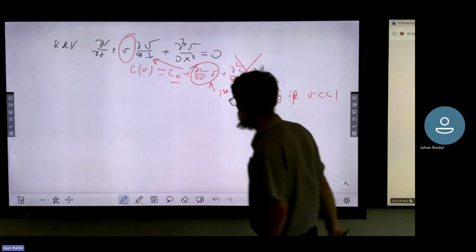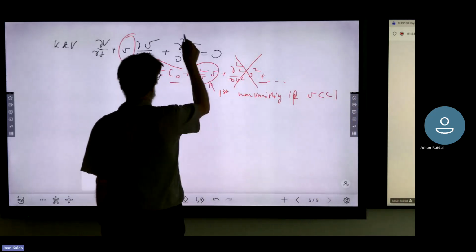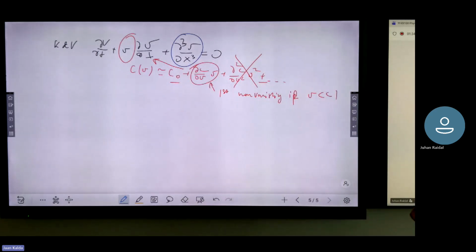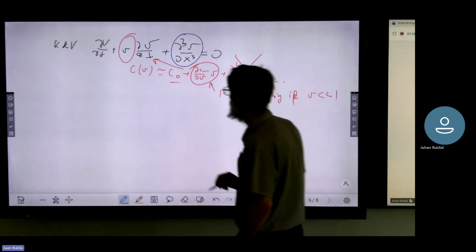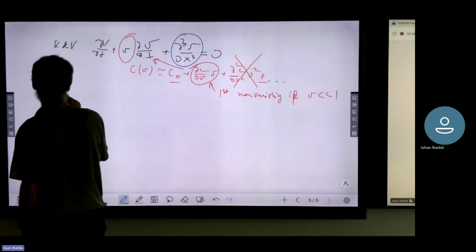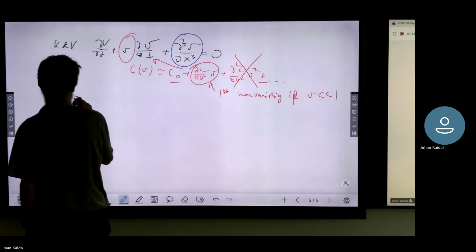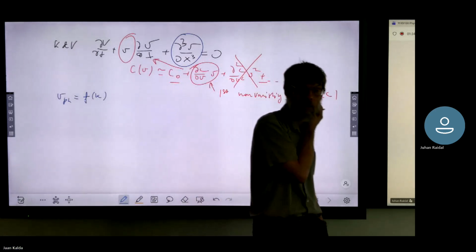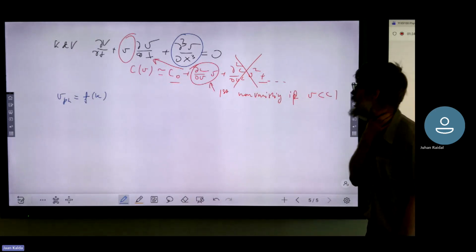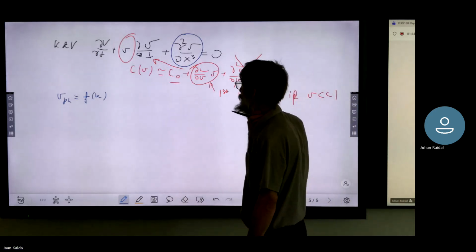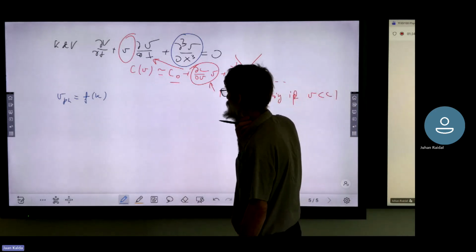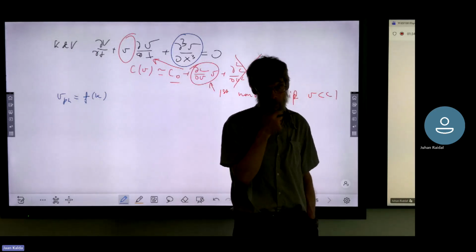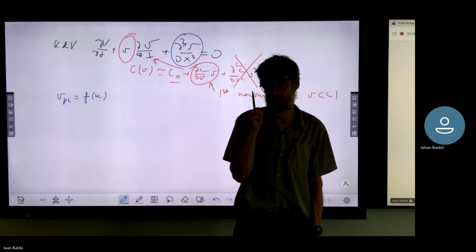Now regarding the second term. That was the first non-vanishing dispersion term. Because we had the phase velocity is a certain function of k, right? But we assume that the speed does not depend on the direction of the wave.